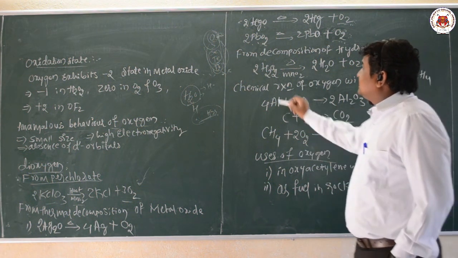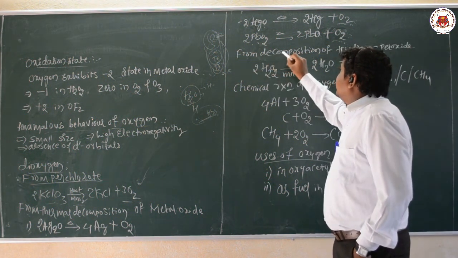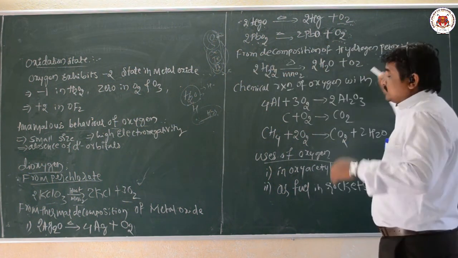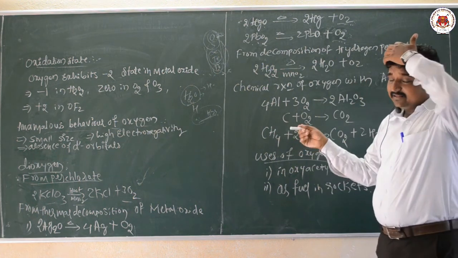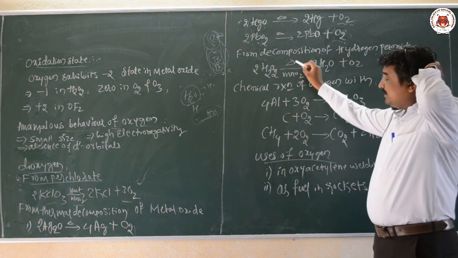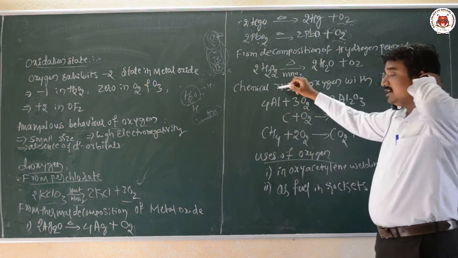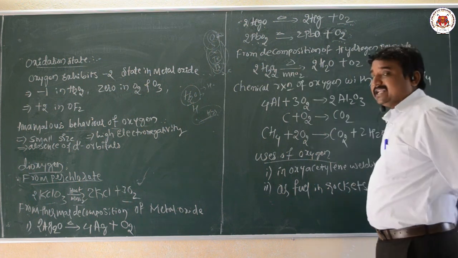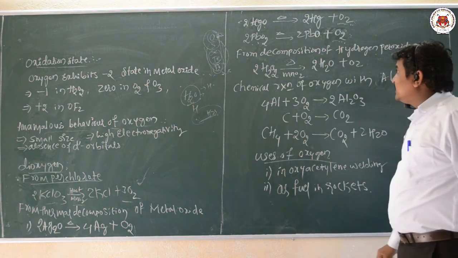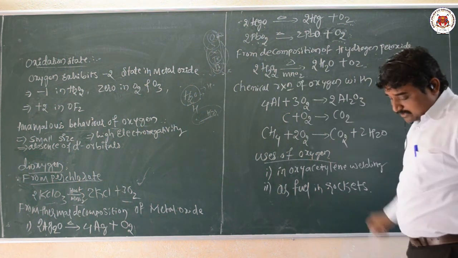Now the next concept is the decomposition of hydrogen peroxide. Here again, hydrogen peroxide on heating will decompose in the presence of a catalyst, manganese dioxide, and there is a formation of O2.